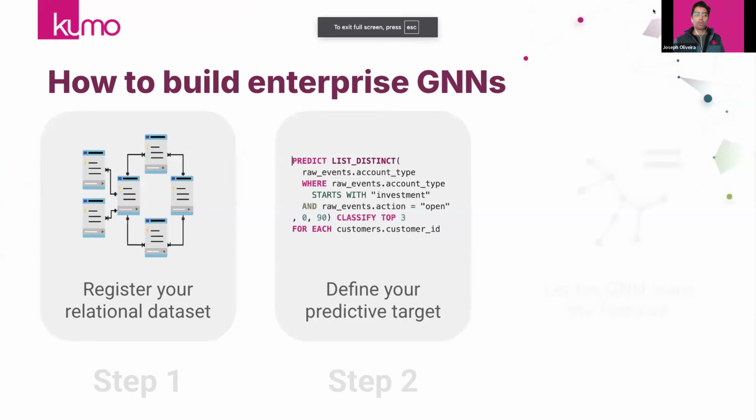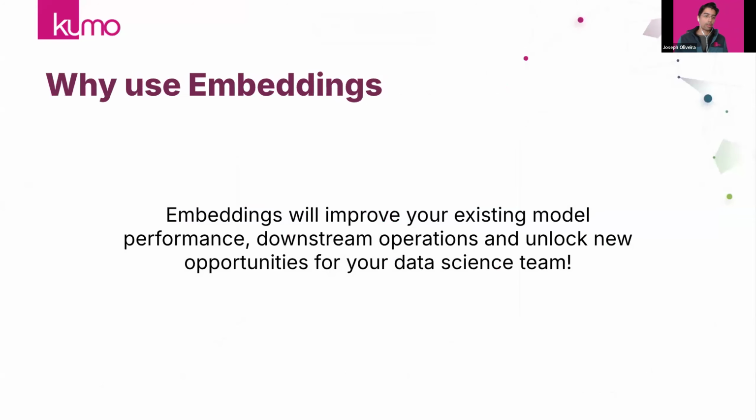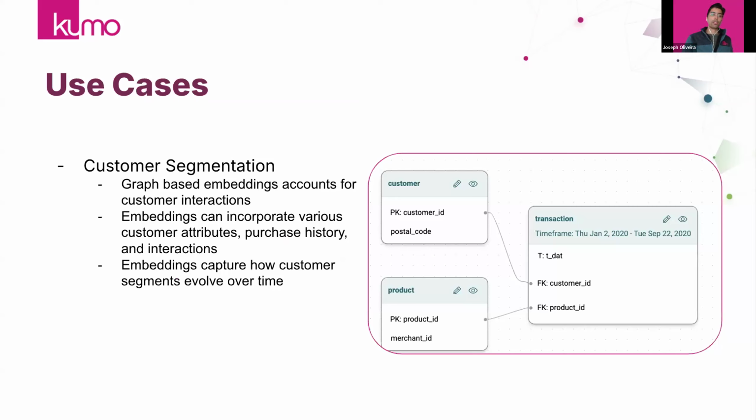So kind of jumping back, why use embeddings? Why do all this? Well, embeddings will improve your existing model performance, downstream operations, and unlock opportunities for your data science team. And the way to really think about this might be to orient yourself around use cases that have been explored. So for example, in our customer segmentation use case we saw earlier, we can create this e-commerce graph and capture that complex behavior exhibited by a customer of them shopping, looking around for different products, ultimately transacting.